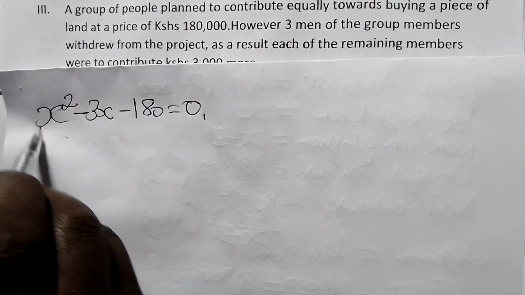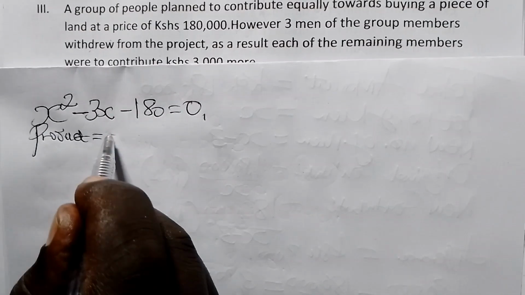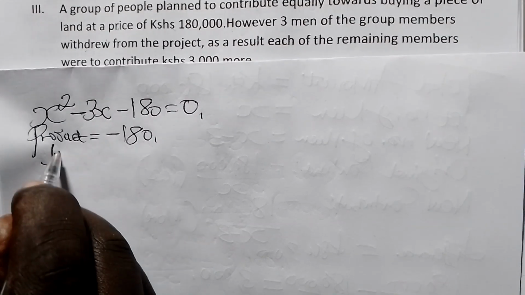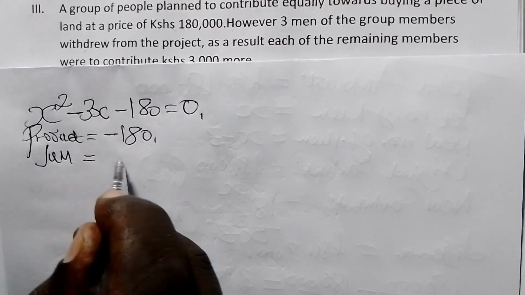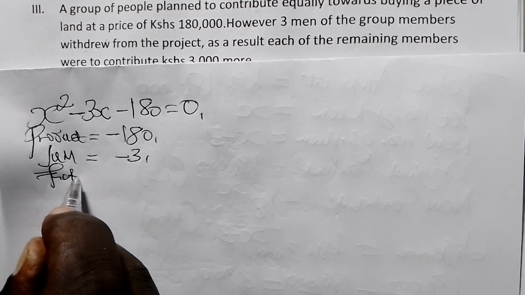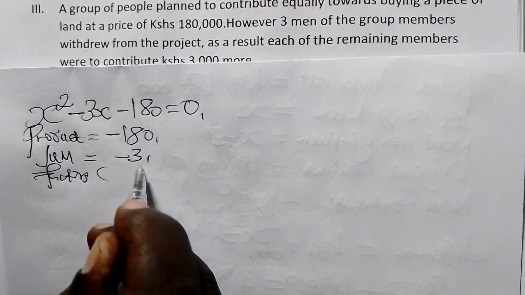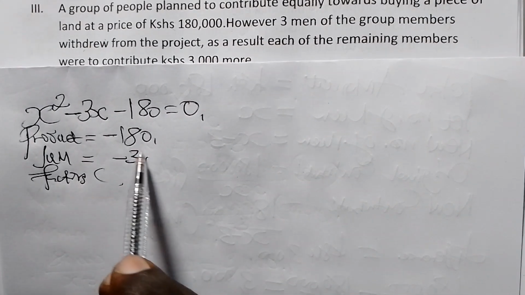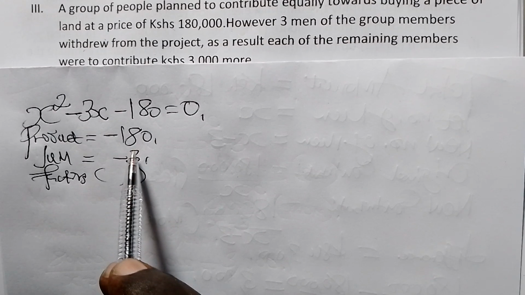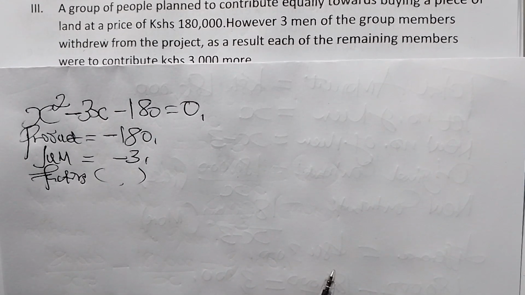So our product here will be given by negative 180. Our sum will be given by negative 3. So we need to get the two numbers so that when you multiply the two numbers, you get negative 180, and when you add the two numbers, you get negative 3.